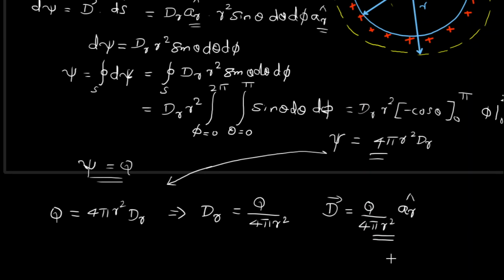Now I have my D vector, which is nothing but flux density. If I have flux density, we know how to find field intensity, because there is a relation between flux density and field intensity. According to that, E vector is nothing but D vector divided by epsilon naught in free space. So this is Q divided by 4 pi epsilon naught r squared ar.